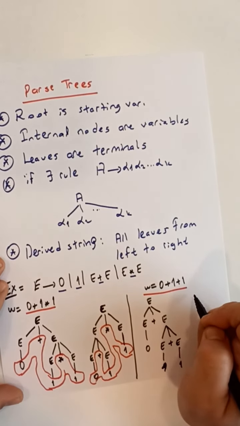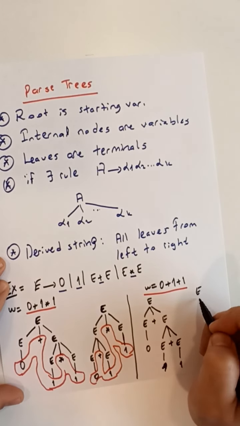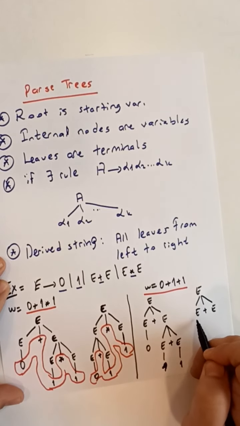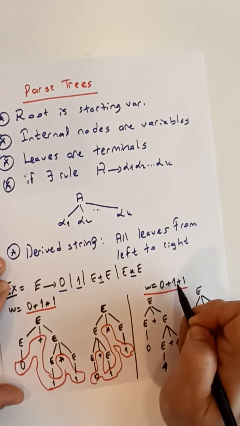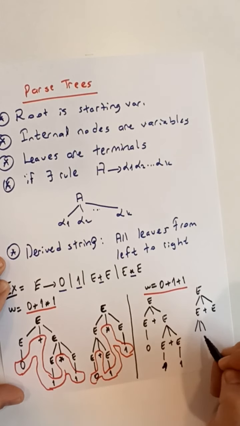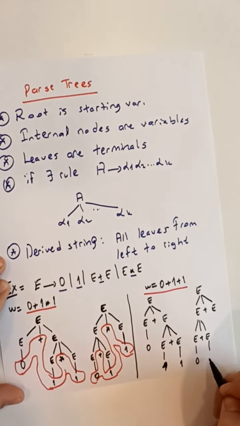But yet another parse tree for the same string would be, again, expand initial e with e plus e, but this time for this e, instead of simply 0, we can expand it so that it will give rise to the string 0 plus 1. To do this, we can expand it with e plus e, e going to 0, e going to 1.